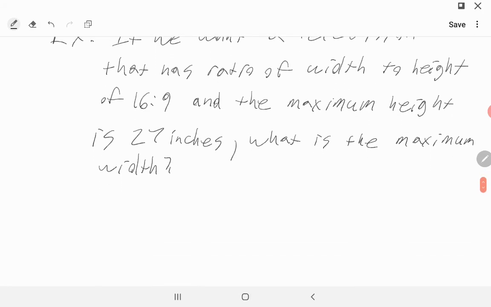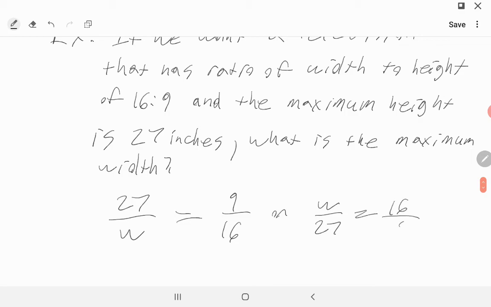So we set that up. We know what the height is, so we're saying 27 divided by the unknown width should be 9 divided by 16, because we said that the ratio of width to height was 16:9. We could write it this way, or as W divided by 27 equals 16 divided by 9.